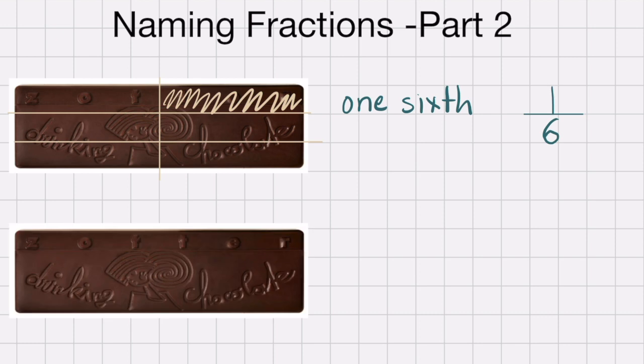Here we have another chocolate bar, and this time I'm going to show you what 1/8 will look like. To start with, I'm going to cut it down the middle. Then I'm going to cut that half into 2 more halves. This half into 2 more halves. So we've now got 1, 2, 3, 4 equal bits.